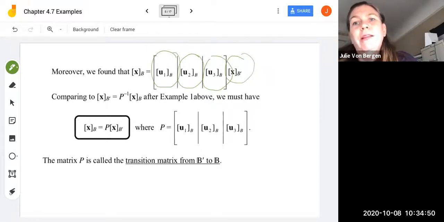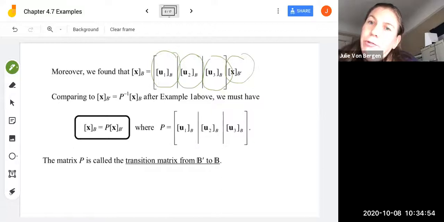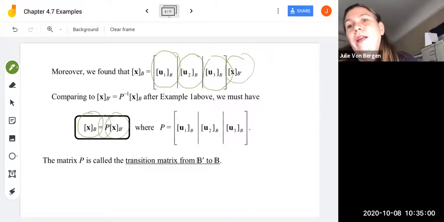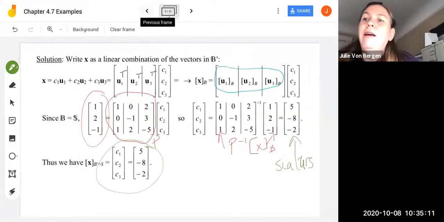So going in the forward direction, our original basis column vectors are a transition matrix times the new scalars that we're trying to find. And this is our transition matrix where we put in the U's as column vectors. And then we saw, of course, that to go backwards, we do P inverse times the original basis.